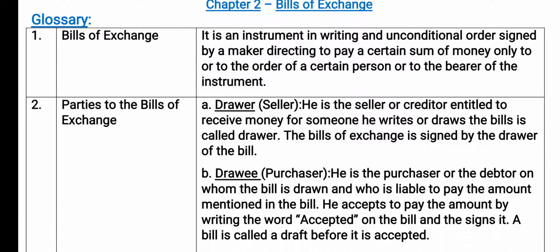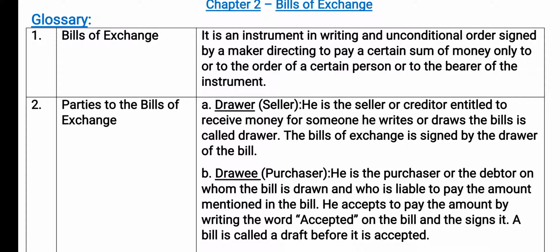So, it is unconditional, which means that no condition has been mentioned regarding paying the sum of money for a fixed period of time.